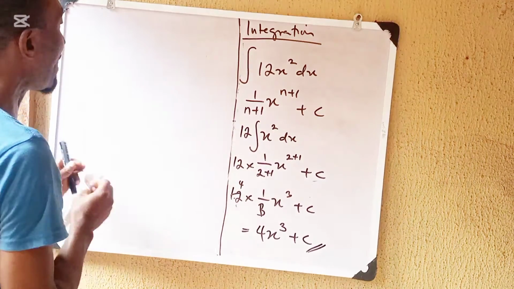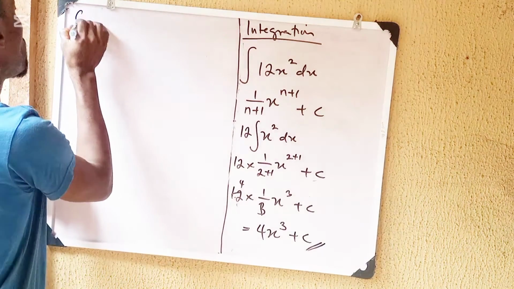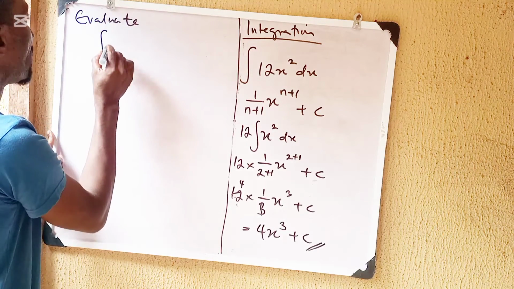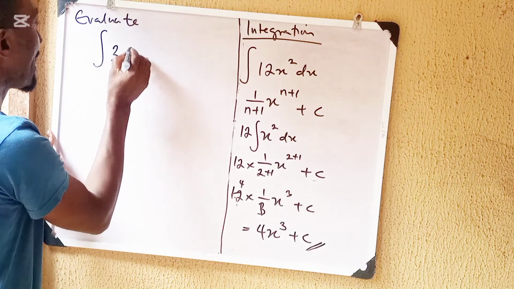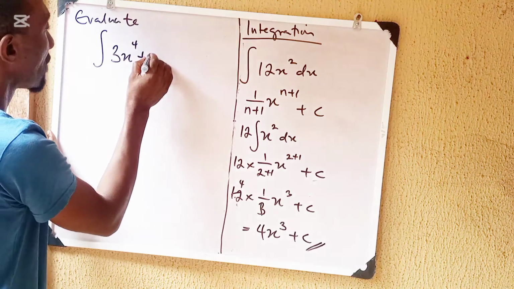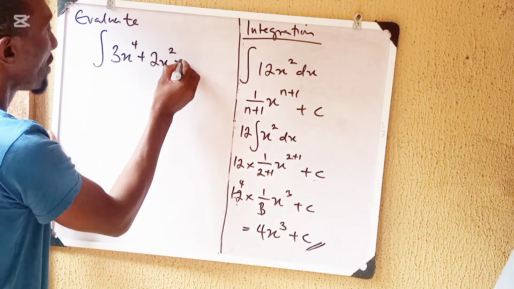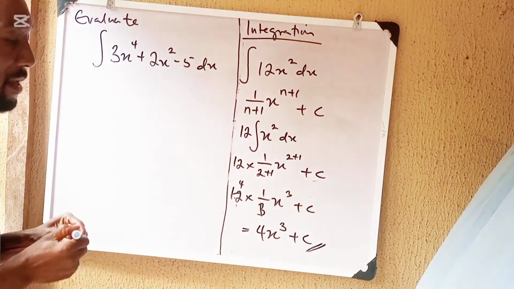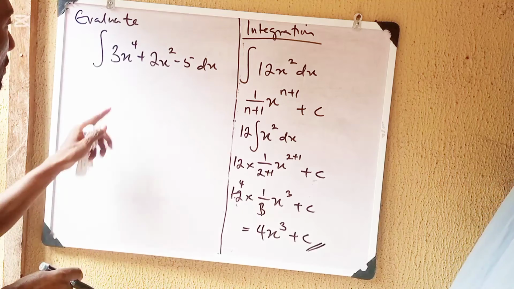Now, assuming we are told evaluate the integration of 3x to the power of 4 plus 2x squared minus 5 dx. How do we handle this?